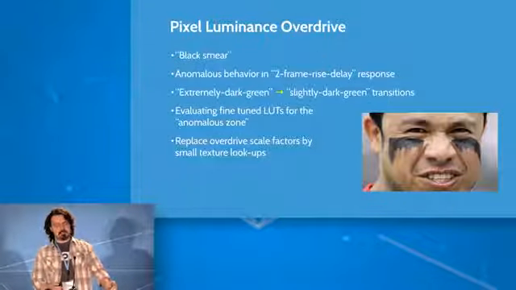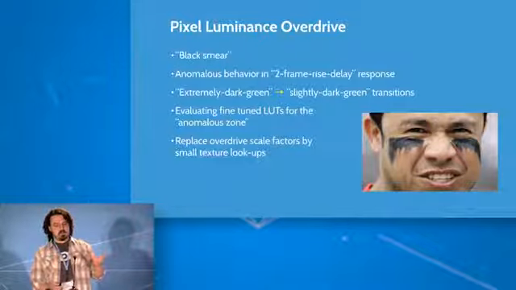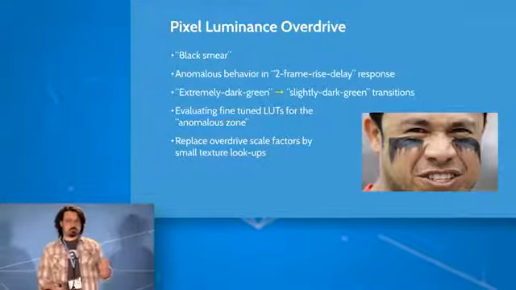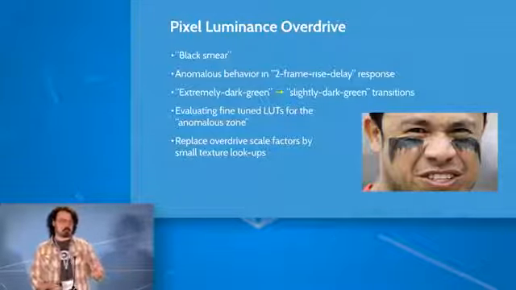So that's basically an interesting anomalous behavior in the response curve of these screens. And I think Carmack had briefly alluded to that as well. And essentially what's going on is with the DK2 screen specifically, this artifact is happening only on the green channel. And it's only where you're going from extremely dark green values, say out of 255, maybe from 2 or 5 or 10, and you're going to still relatively dark green colors.